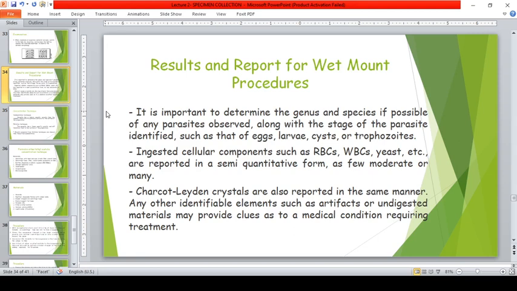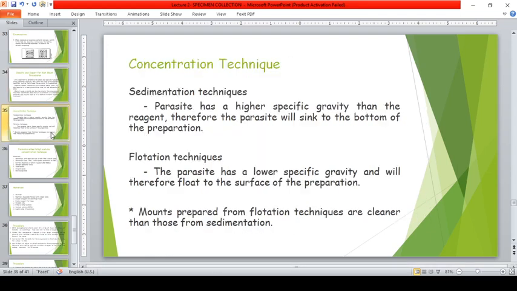In the direct smear iodine, you have to observe the nuclei of the cyst. Why can't you see the trophozoite in an iodine mount? Because the trophozoites will be killed under iodine.